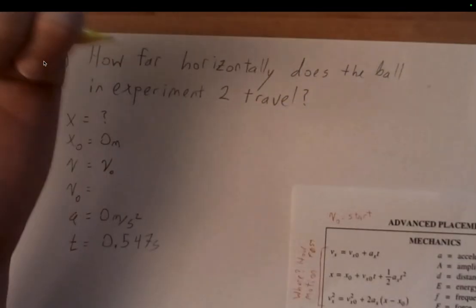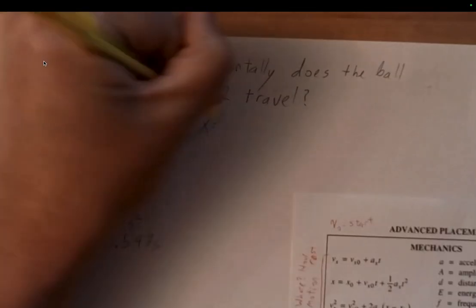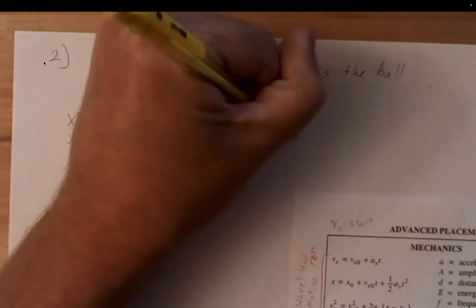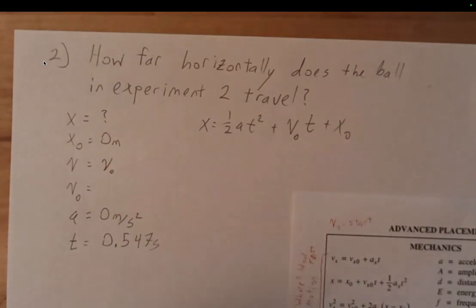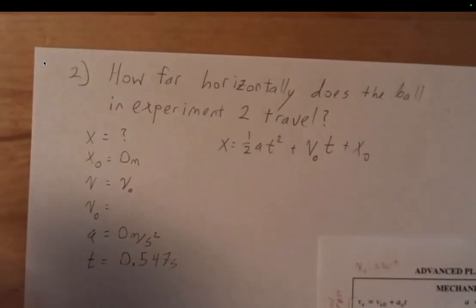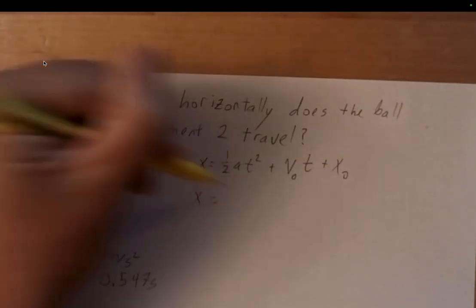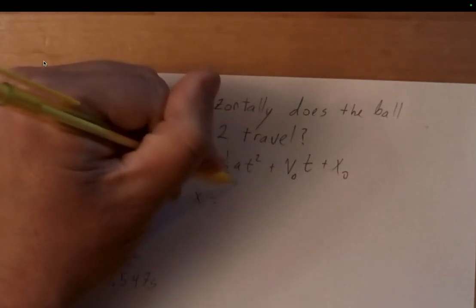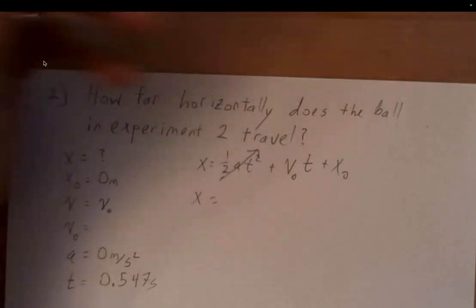The equation x equals 1/2 a t squared plus v naught times t plus x naught: since the acceleration is 0, the 1/2 a t squared is a 0 component.